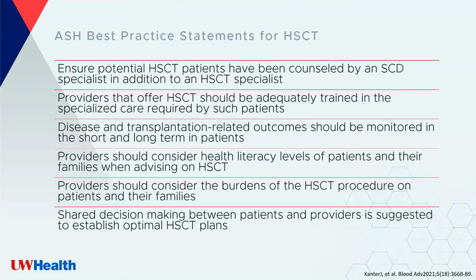And so some key takeaways from these best practice statements for the hematopoietic stem cell transplants that are seen in sickle cell disease patients: the American Society of Hematology wants to promote collaboration between specialists.